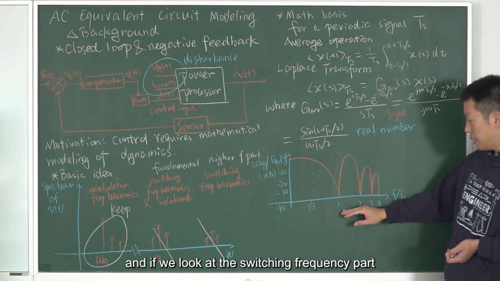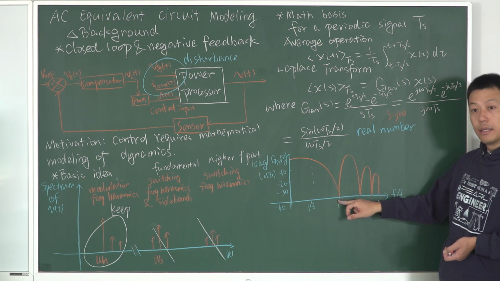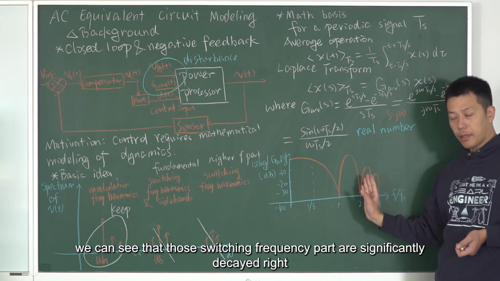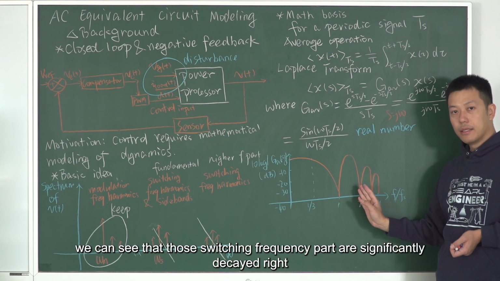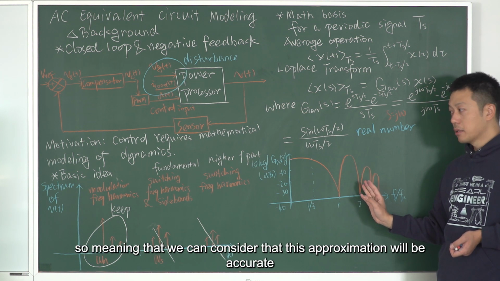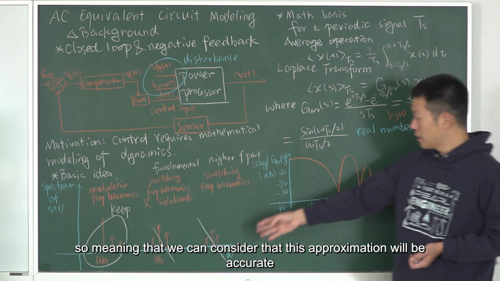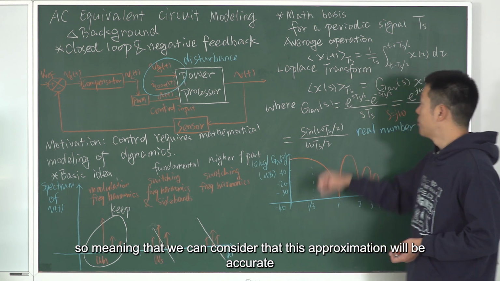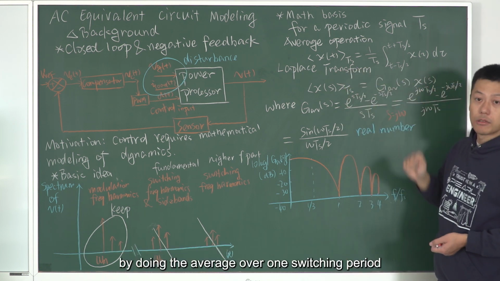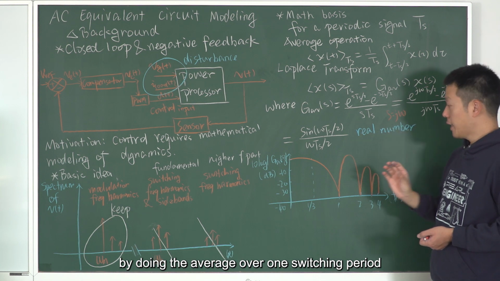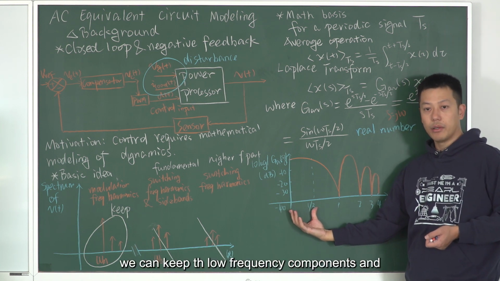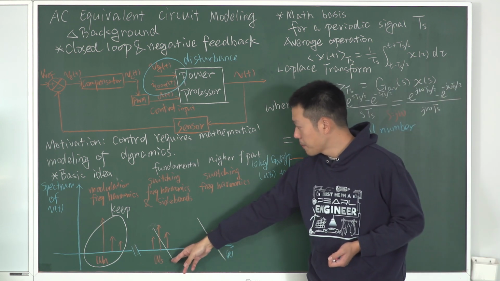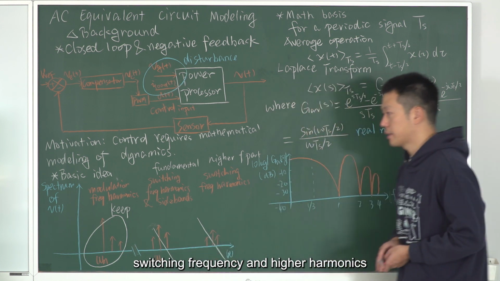And at the switching frequency parts, 1, 2, 3, 4, those are significantly decayed. So we can consider this approximation accurate: by doing the average over one switching period, we keep the low frequency components and filter out the switching frequency and the higher harmonics.